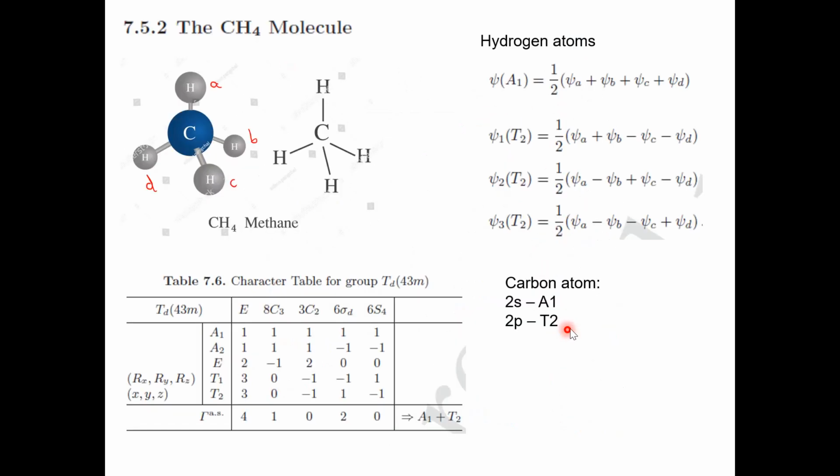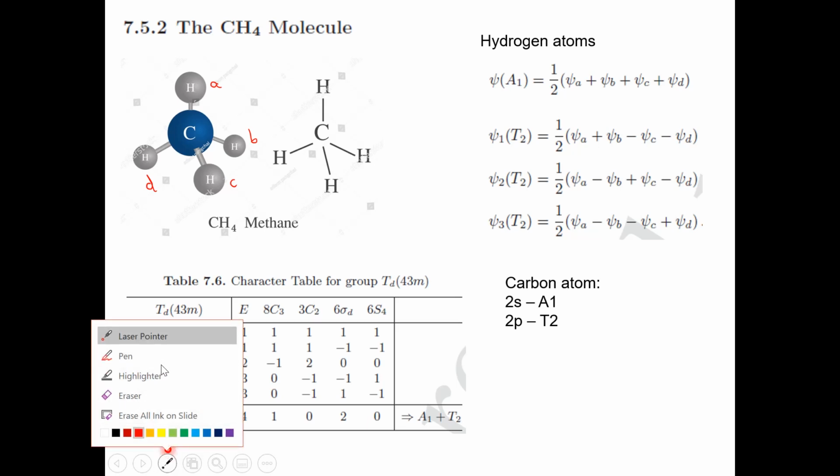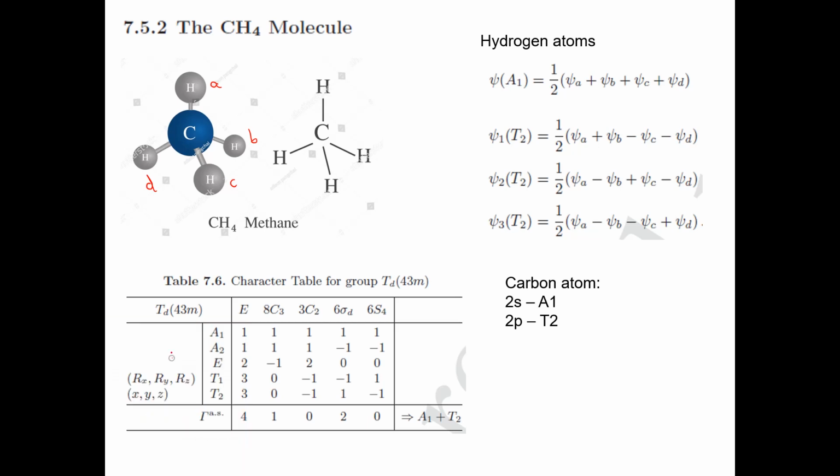Okay, and this is trivial because you can look right away here. Remember, I have one s state, 2s state, right? And I know that for a carbon atom centered right here in the symmetry point, the s state transforms like A1, right? It doesn't change at all when I apply all the different symmetry operations of the group.